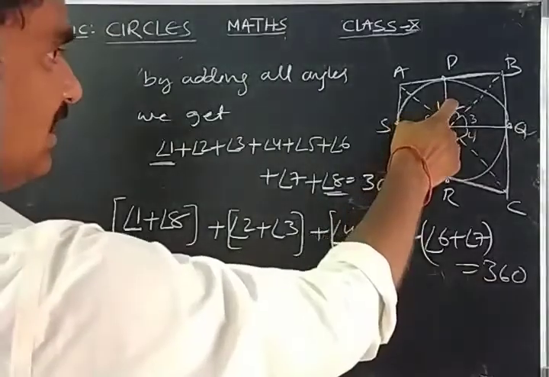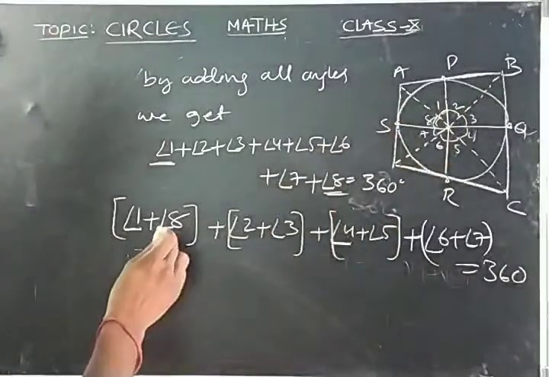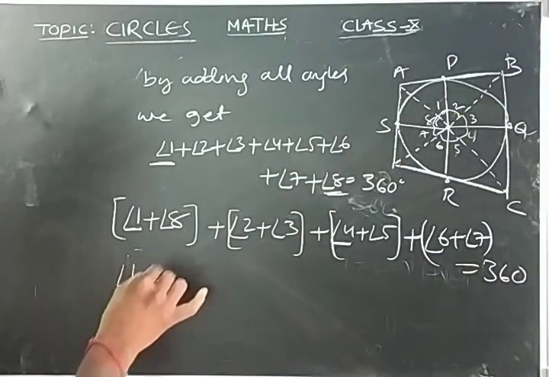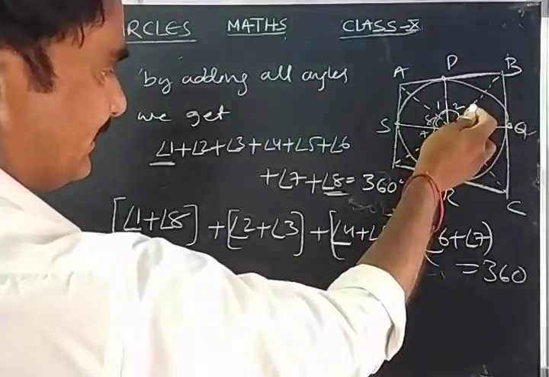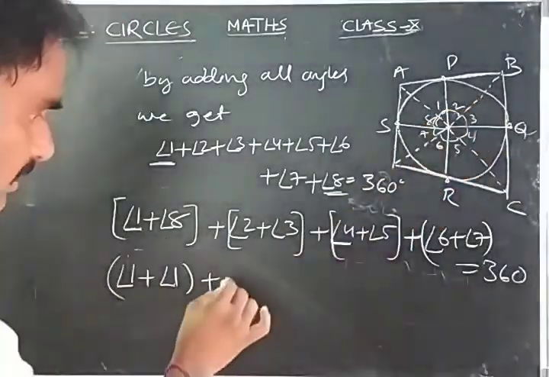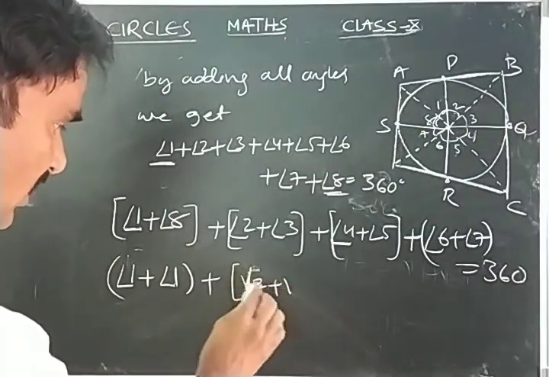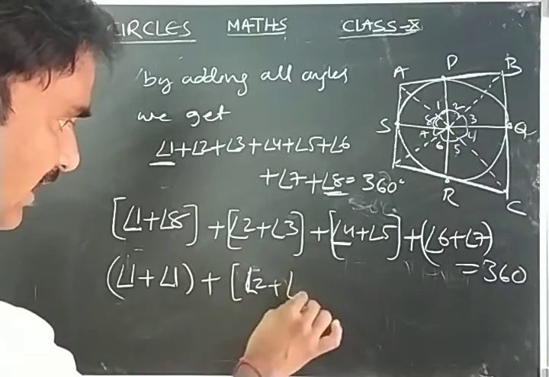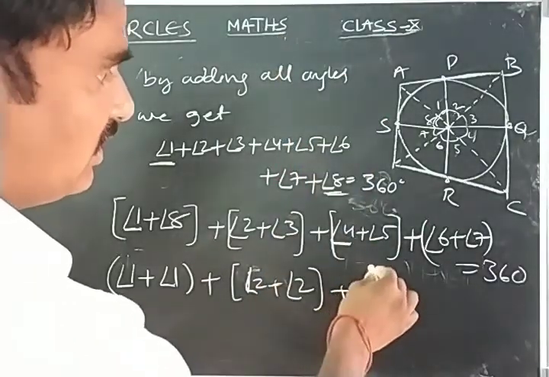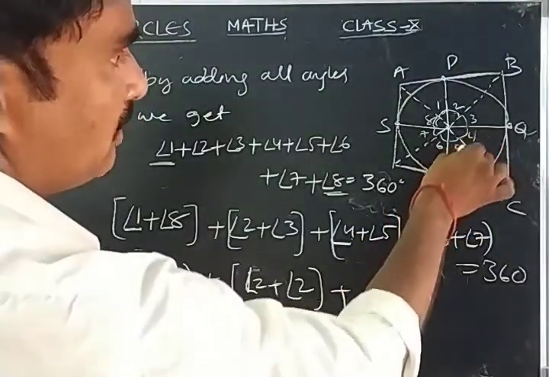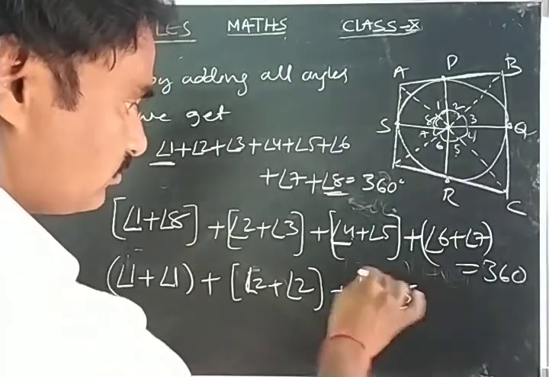In place of angle 8, I will replace by angle 1, because these two angles are equal. Plus in place of angle 3, I am replacing by angle 2, angle 2 plus angle 2. In place of angle 4, I am replacing by angle 5, angle 5 plus angle 5.